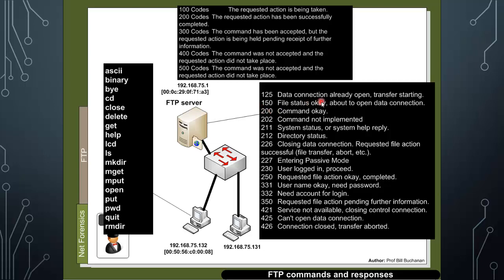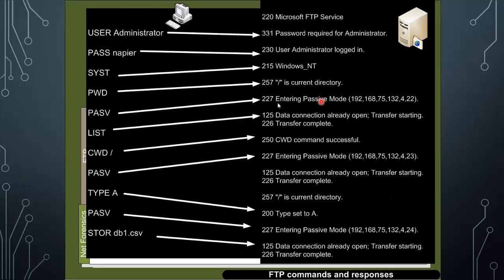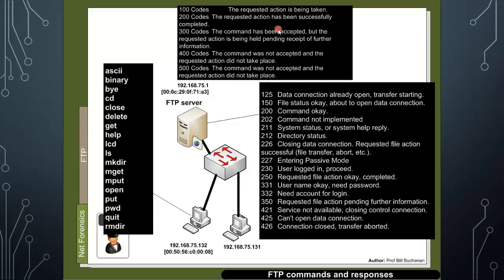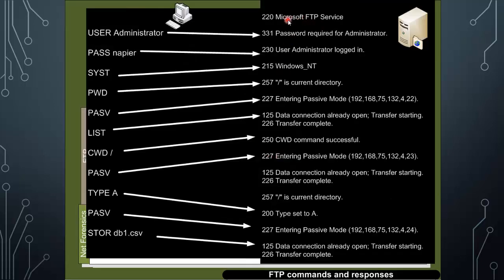So let's look at an example. The first time we connect to the service, in this case it's a Microsoft service, we get back a 220 message, and it actually tells us it's an FTP file service.